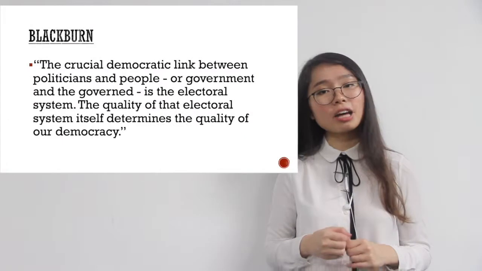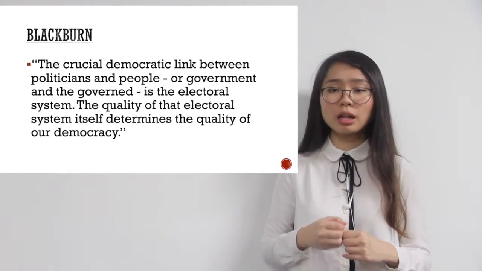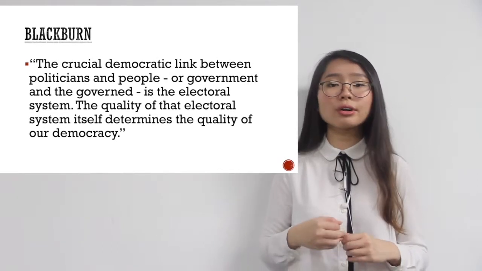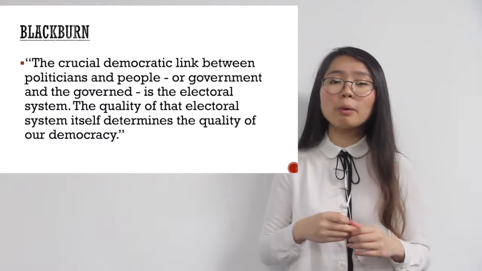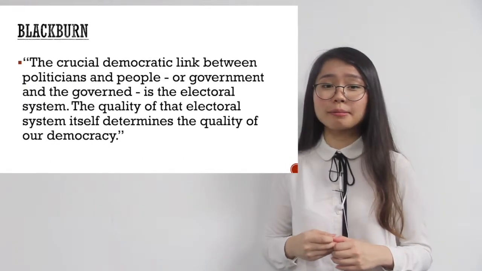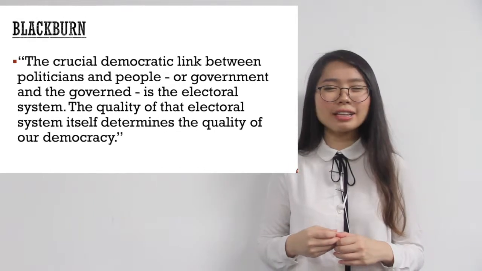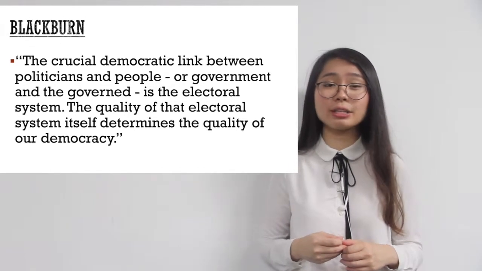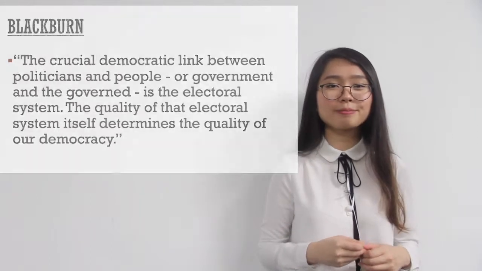As Blackburn has observed, the crucial democratic link between politicians and people, or government and the governed, is the electoral system. The quality of that electoral system itself determines the quality of our democracy. Yet oddly, for many commentators in the UK, supreme authority has never resided in the people.